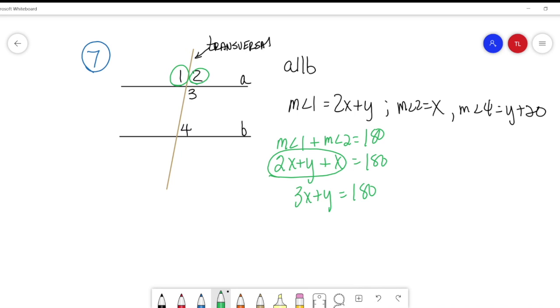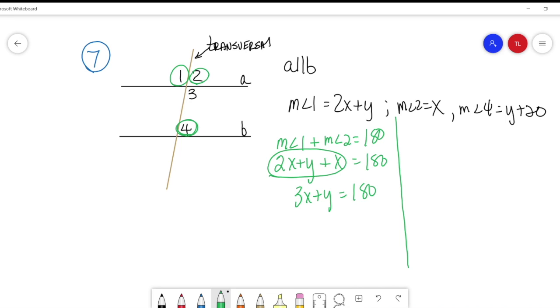So you reach the point in time where you stop and regroup and go back and see if there's anything else we could do to help us get this answer. In other words, we didn't talk about the measure of angle 4. So go back up in there and let's circle angle 4. Now, you've already circled 1 and 2.